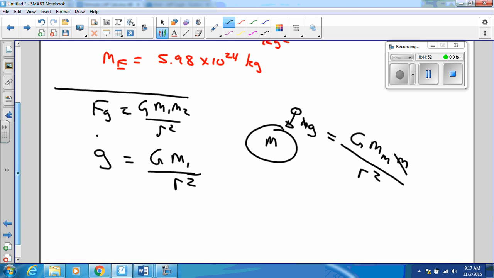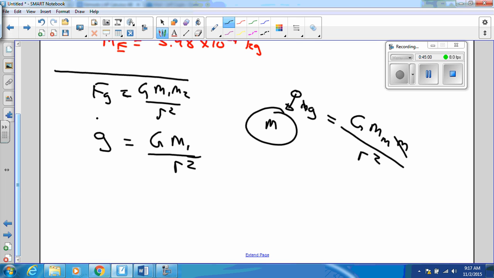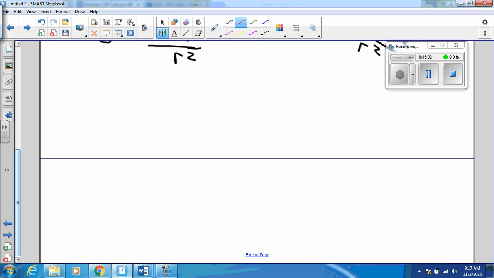So if I knew, and I do, the mass and the radius of the Earth, I should be able to calculate the acceleration due to gravity. Let's see if it works. For the Earth, we have G times the mass of the Earth divided by the radius of the Earth squared.